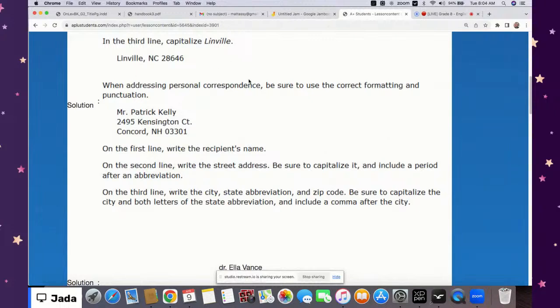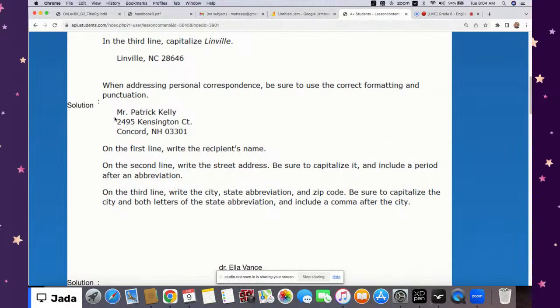When addressing personal correspondence, be sure to use the correct format and punctuation. So, this is the right format for addressing personal correspondence or putting an address when you have to do some writing or send an email or anything.